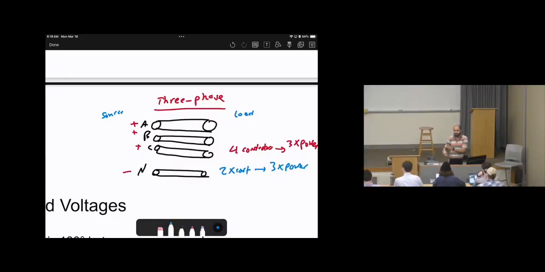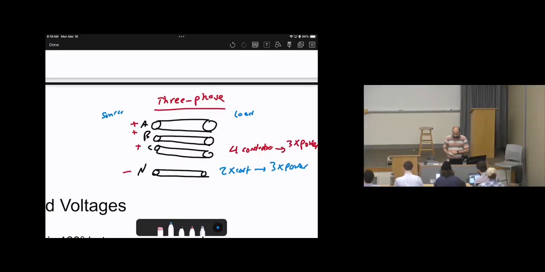Just increase another half cost, and you can triple the power, which is something great, right? Then that's the three-phase. So we realize the biphase is cheaper than single phase, but three-phase is even cheaper than that.